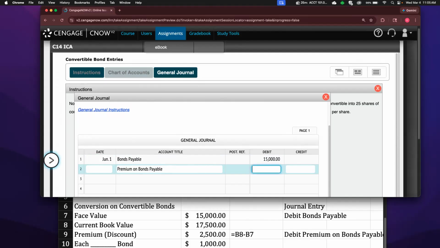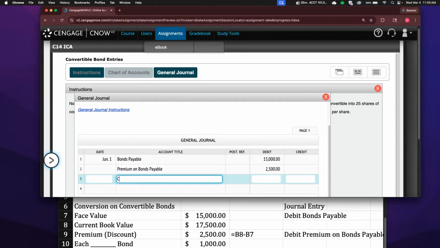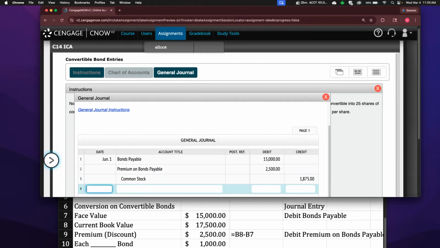This is number 10 for 2,500. Credit common stock for the 1875 and credit additional paid in capital from bond conversion 15,625.